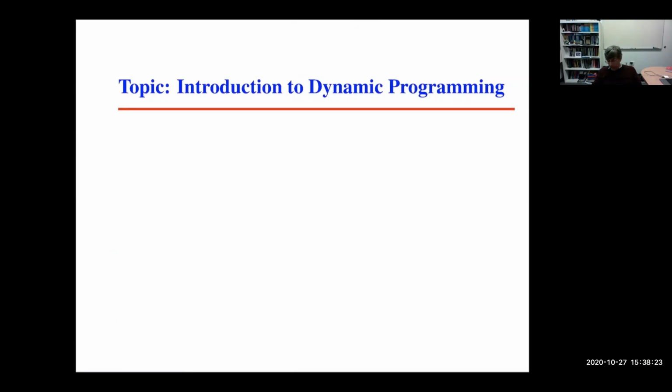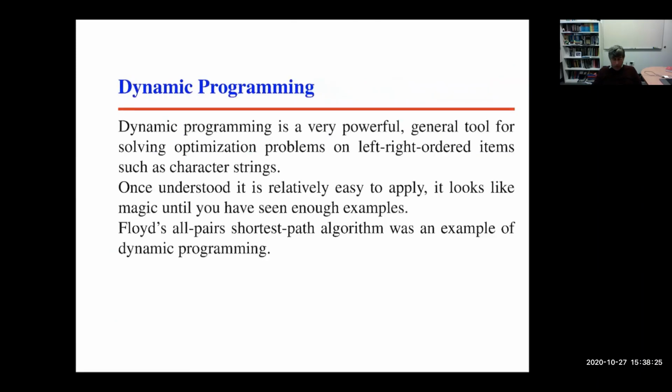Okay, I would like to now shift gears and talk about another algorithm design paradigm. We've seen graph algorithms. We've seen brute force search, which would be backtracking. We've seen all kinds of different things.